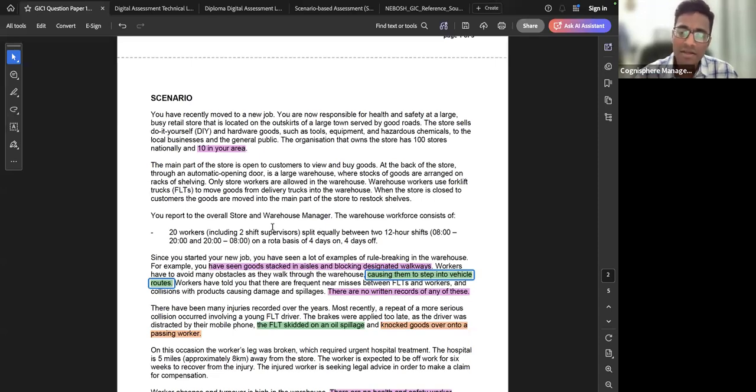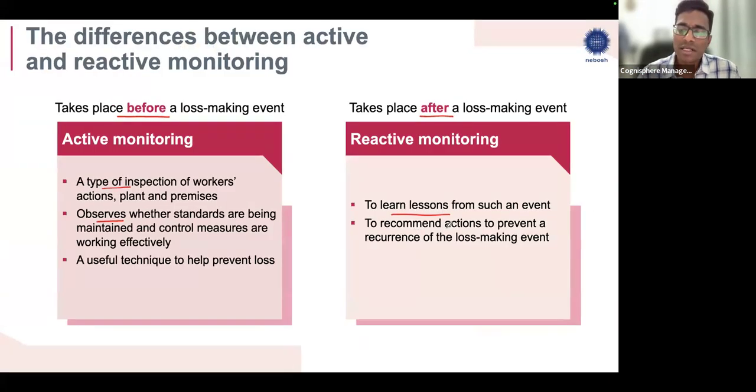So there is a high chance a similar incident could occur in other stores. So they could be used as lessons learned, and then to recommend actions to prevent recurrence of the loss making event. So they are reacting after a loss making event, hence it is called reactive monitoring.